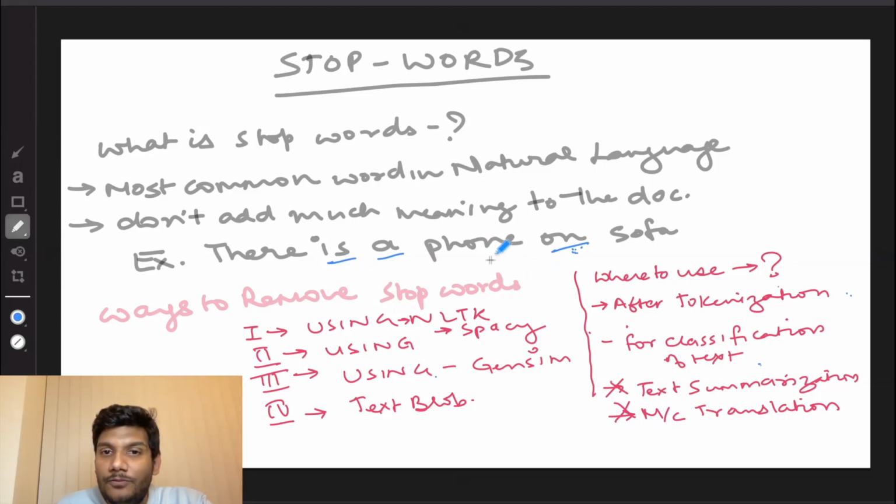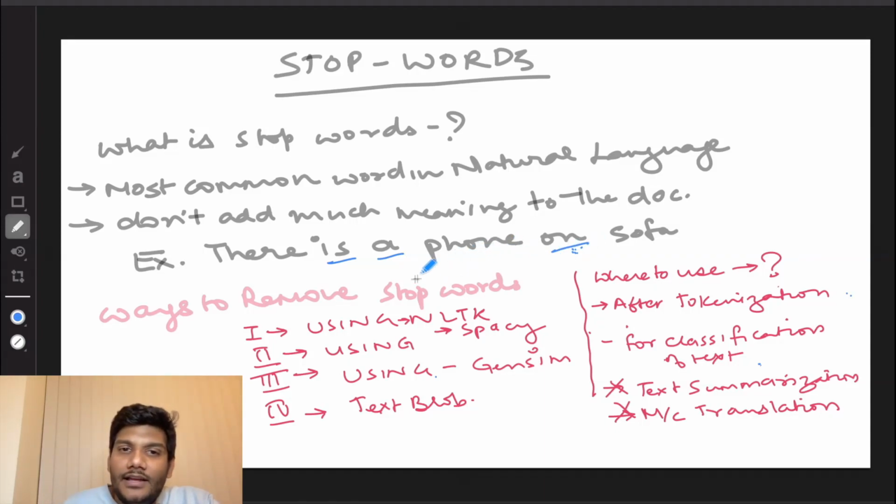So if I'm removing phone, I'm either changing the meaning of the sentence altogether, or I am making that sentence meaningless. So for example, if I remove the word sofa, right? Then I'm just left with the two words there phone. So maybe I want to say there is a phone, but this is not my actual initial sentence.